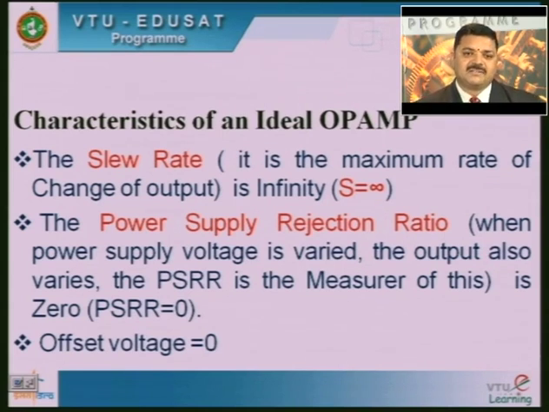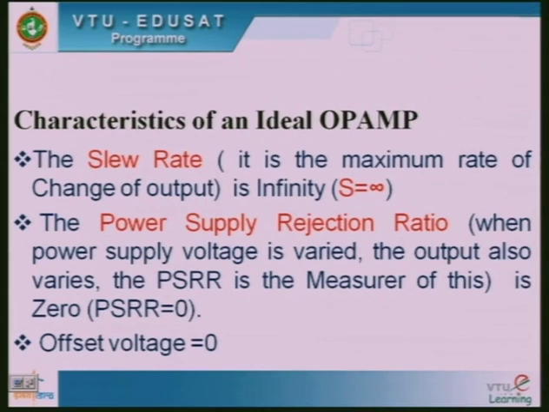As I told you in the last class, the operational amplifier consists of 24 transistors, 11 resistors and 1 capacitor. Wherever capacitance comes into the picture, the slew rate comes into the picture. It is an AC parameter or AC specification. The slew rate of an ideal op-amp is infinity.